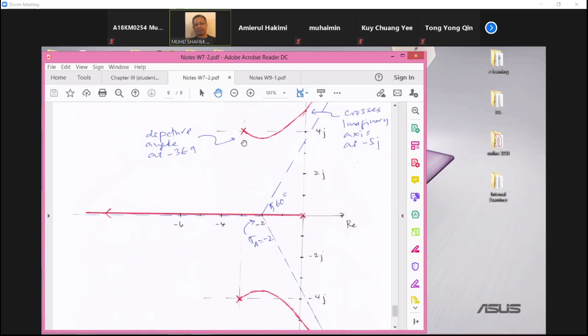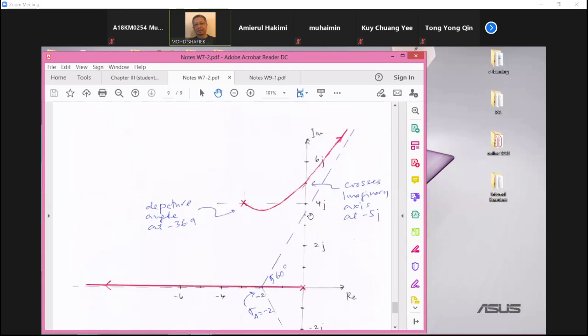So this is the pole that you want to find the departure angle for, from the pole at the origin. So it's going to be slightly greater than 90 degrees. You can compute that using arctangent. It's going to be 120 something.